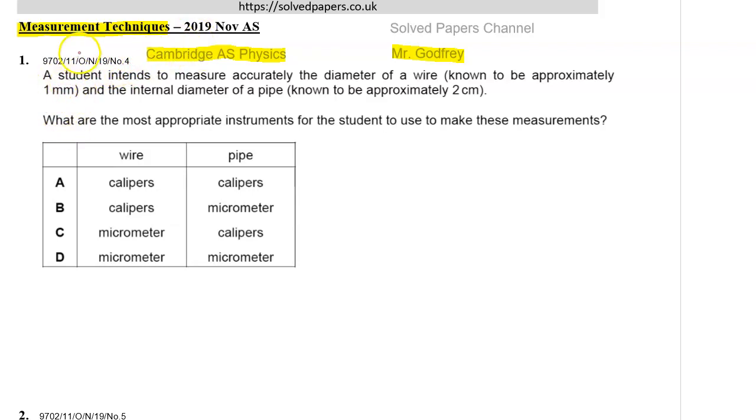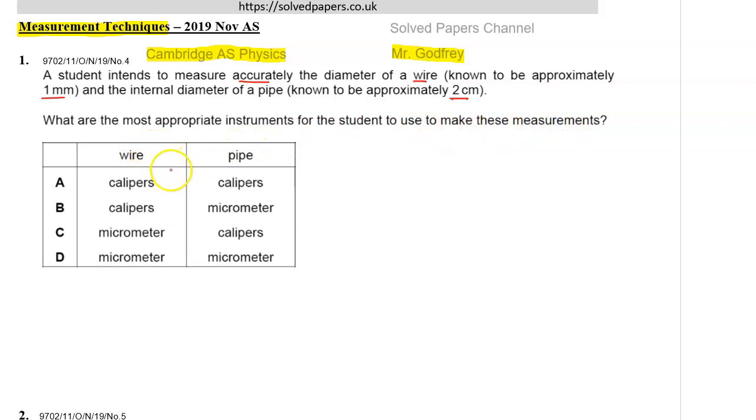Number 1, a student intends to measure accurately the diameter of a wire, known to be approximately around a millimeter, and the internal diameter of a pipe known approximately to be 2 centimeters. What are the most appropriate instruments for the student to use to make these measurements?